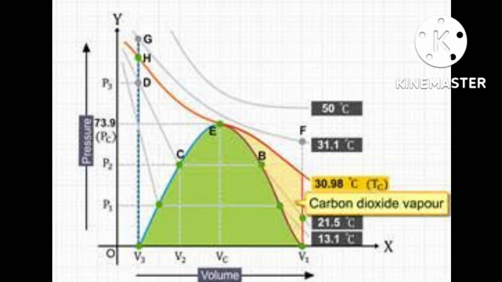If you start the experiment from low temperature and low pressure, with a high volume, then you slowly decrease the volume by applying, or increasing, the pressure.